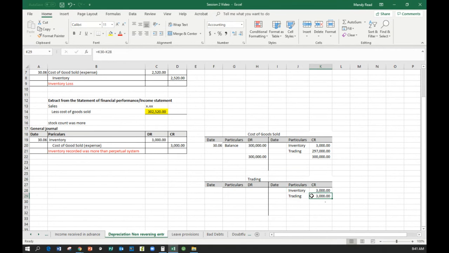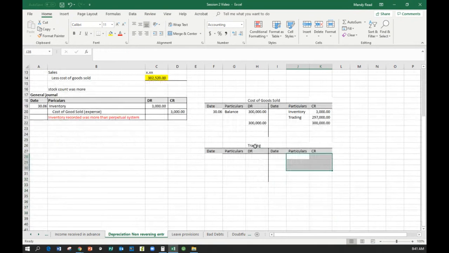Now, this trading account is where everything goes that is part of the formula for gross profit. So you know that the formula for gross profit is sales less cost of goods sold.